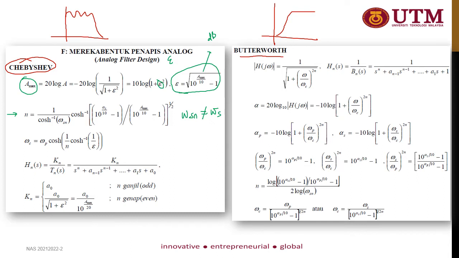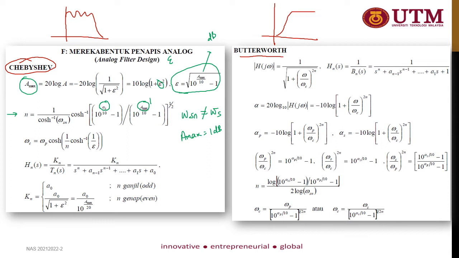So you need to refer to a table to get the actual equation of omega Sn depending on the type of filter you have. And alpha S, the stop band gain, and AMX is the magnitude of your ripple, so all in dB. If, for example, AMX is given as 1 dB, you just put in 1 in here.